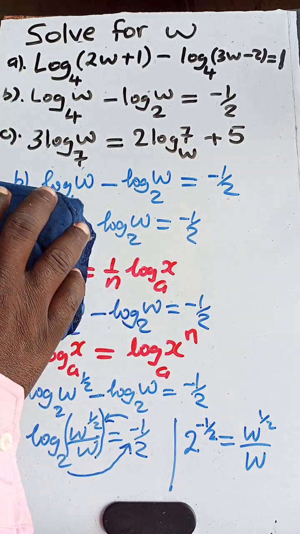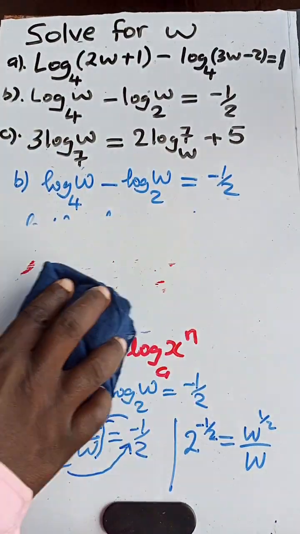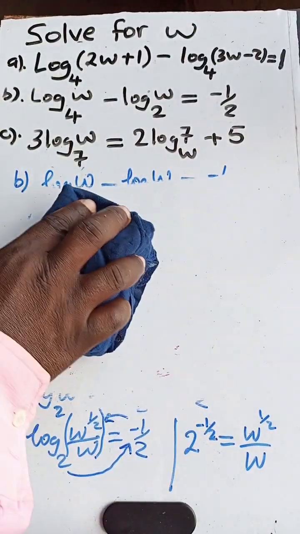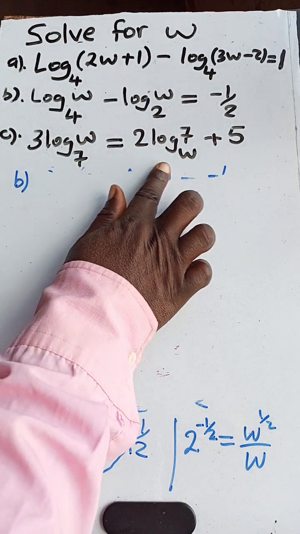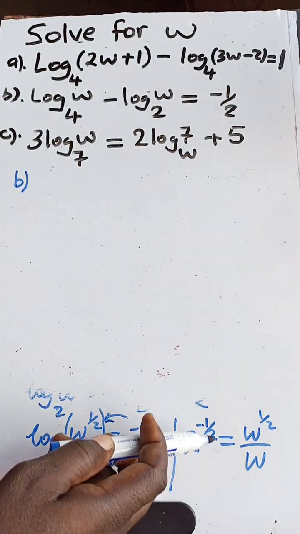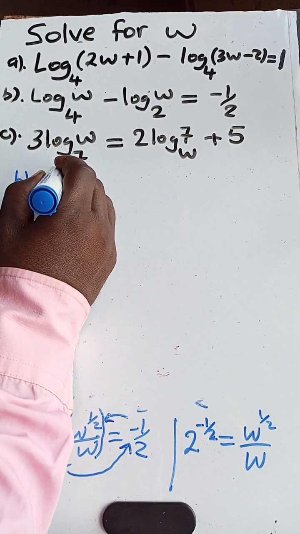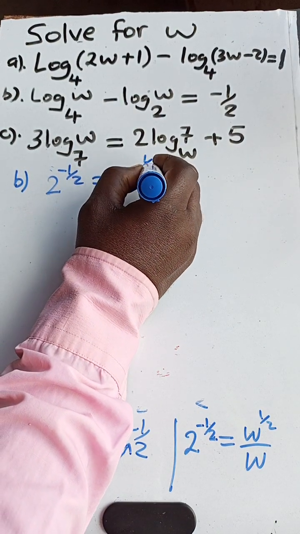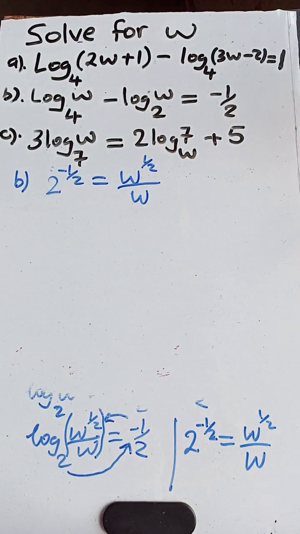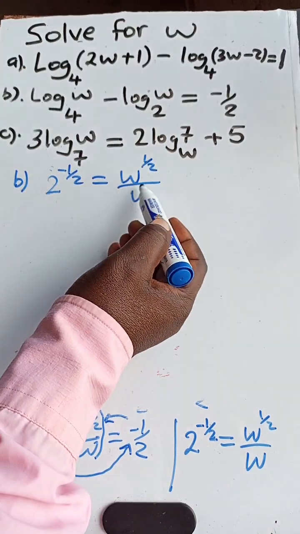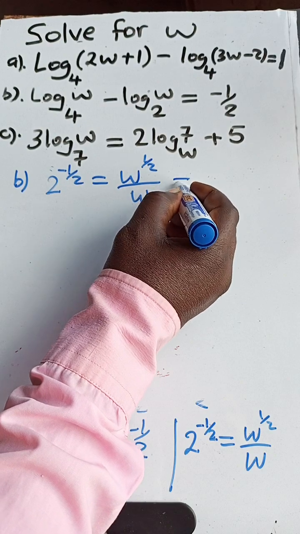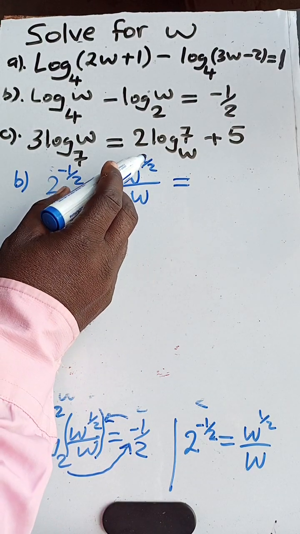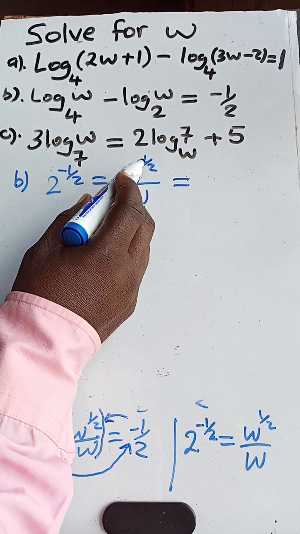Okay? So let's wipe up here. So let's carry this expression again up there. We have 2 to the negative half is going to give us w to the half all over w. When we look at the right hand side, when we apply the laws of indices, we see this is an index number whose base is w and whose power is a half.